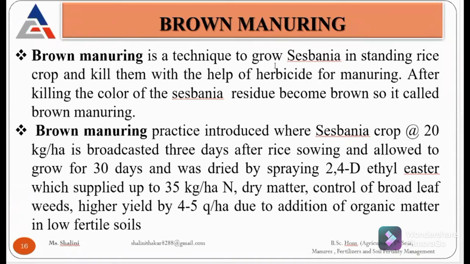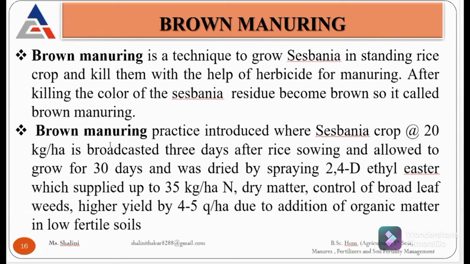What we have to do is grow the Sesbania, okay, dhancha, and then apply some kind of herbicide on it, and that is known as brown manuring. After killing, the color of the Sesbania residue becomes brown. Means when you supply any kind of herbicide or insecticide, you see that plants come to a death stage, or senescence stage, in which they lose all their green color.